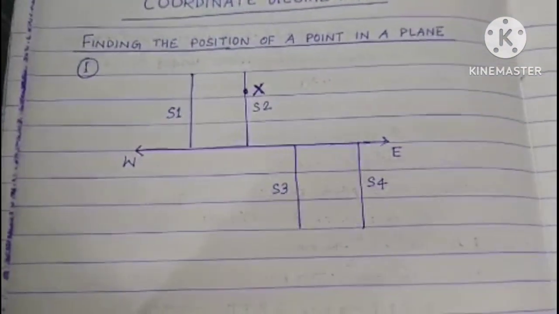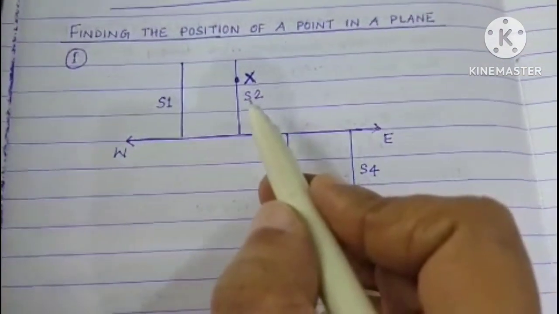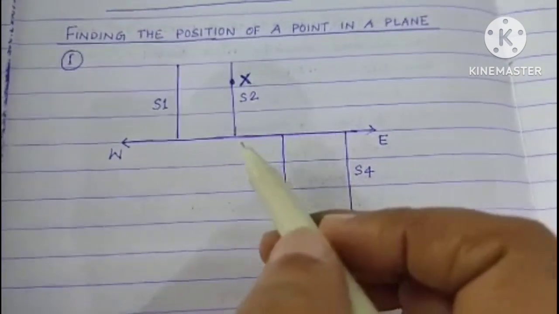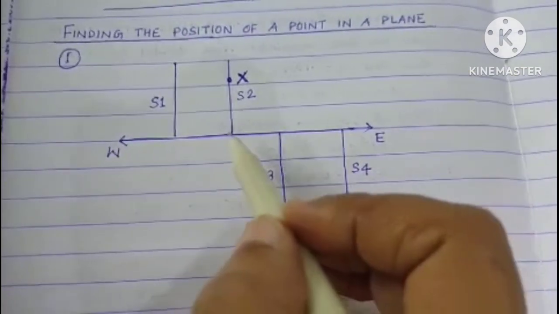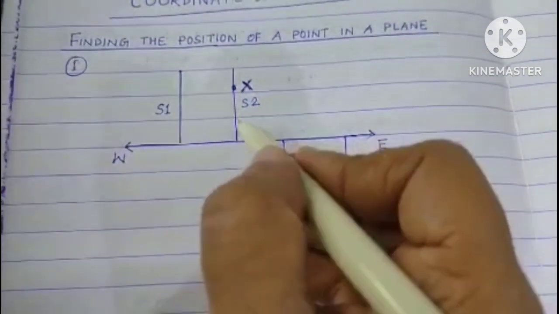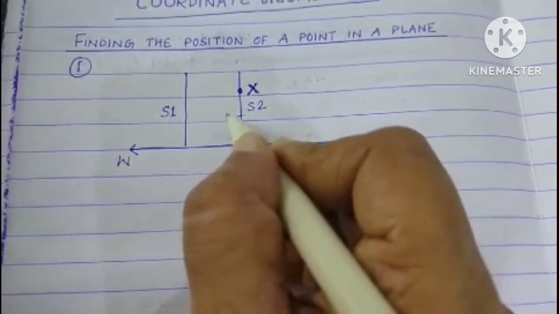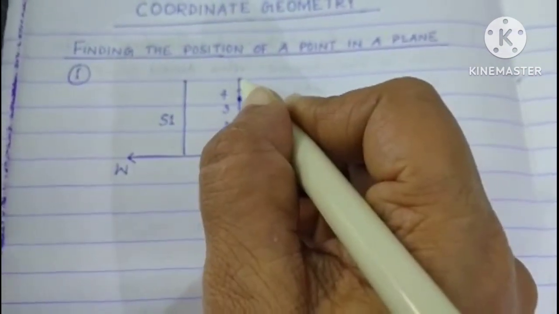So if you try to say that he lives in S2, that is okay, you can say that he lives in S2, but you cannot exactly say where in S2 he lives. So S2 is this street. Now if you divide it into 4 or 5 parts like this, 1, 2, 3, 4, 5.